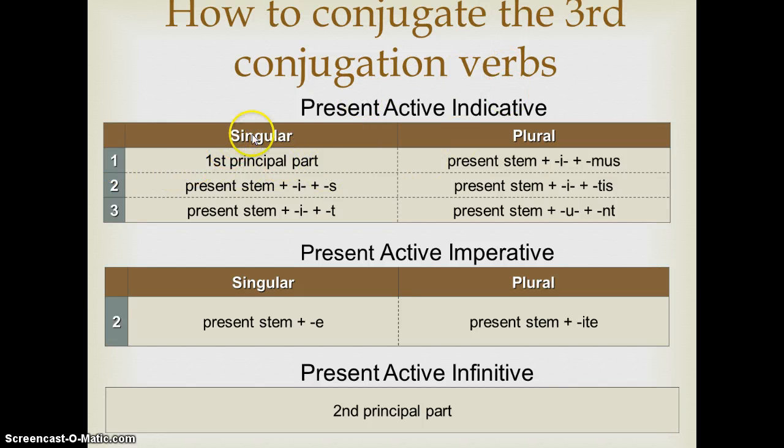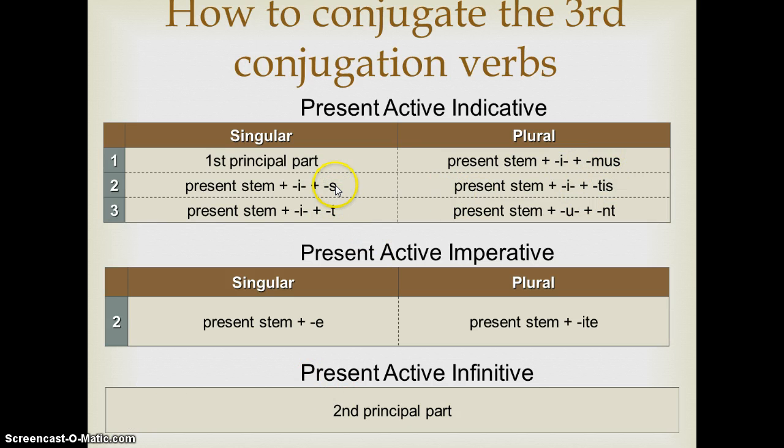Remember that the first person singular present active indicative is always the first principal part, okay? So whatever that first principal part is, that is this first box. After that, we're going to need the present stem for every single form. And then we're going to add that I to show that we're in the present tense. And then we add the personal endings.